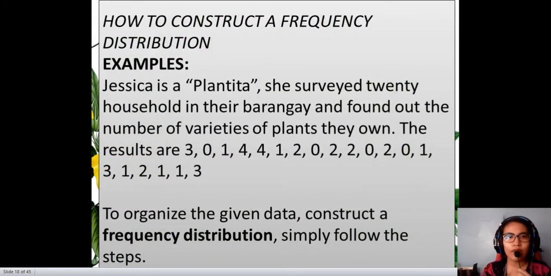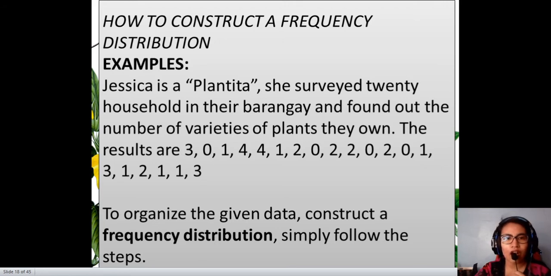Okay, let us have now how to construct a frequency distribution. We have 2 examples again, for the ungrouped and for the grouped. First, let us start with the ungrouped frequency distribution. Jessica is a plantita. She surveyed 20 households in their barangay and found out the number of varieties of plants they own.